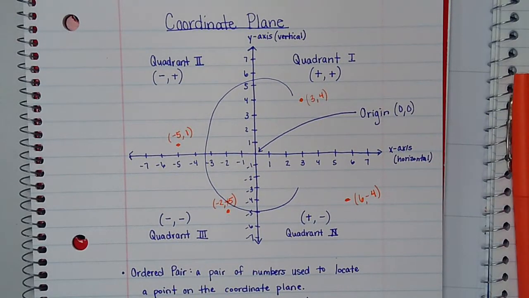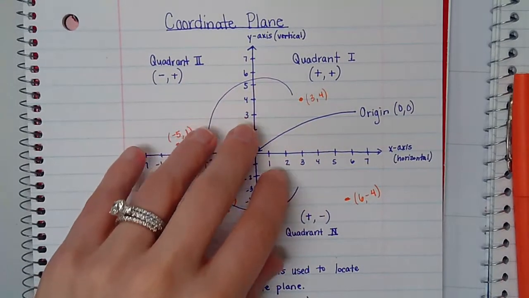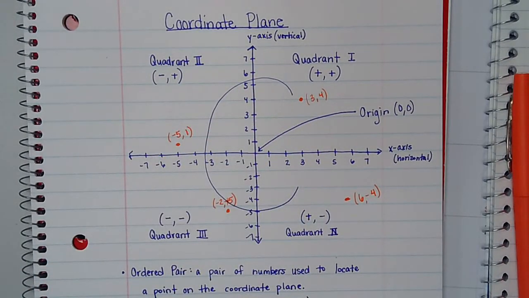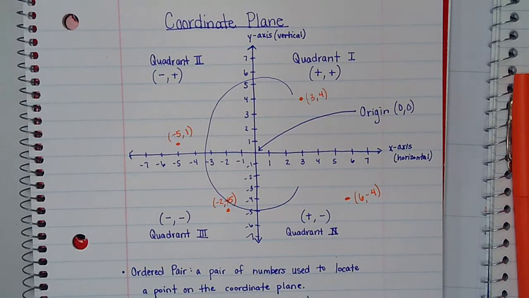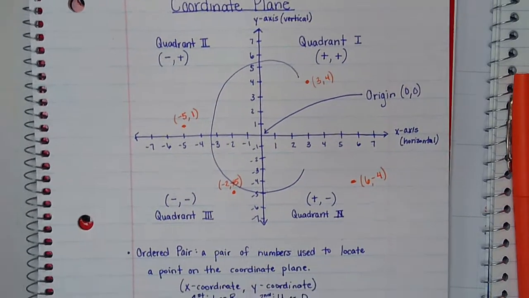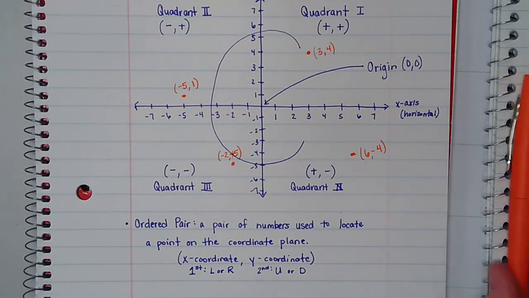Okay? And the reason it's important that you know what types of numbers are in there is because on the EOG or on a test, they might not give you a coordinate plane to look at, but they might give you a question that says something like, let me write it down here.